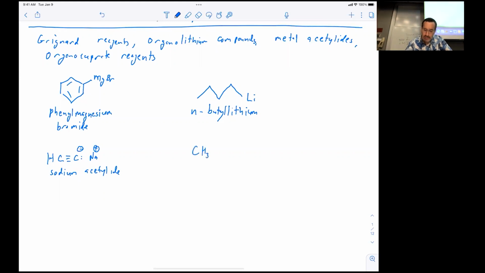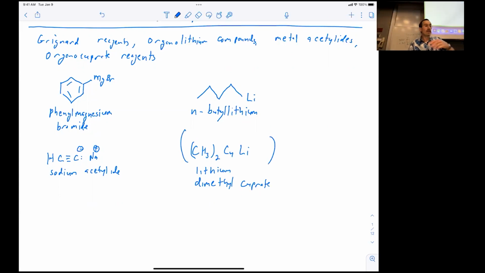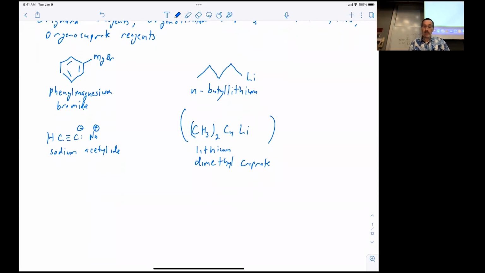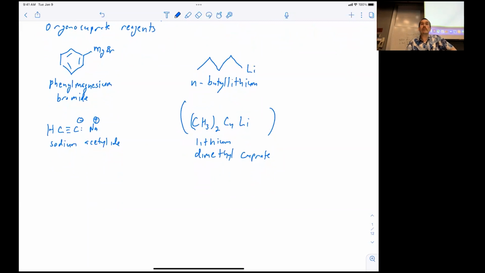We'll take lithium dimethyl cuprate. And as I said, let's just set that aside and stick a pin in it until later when we have use for this.